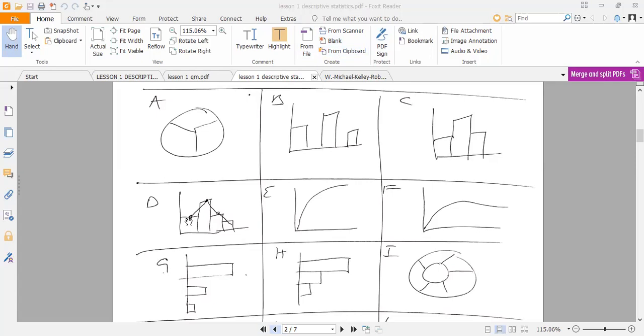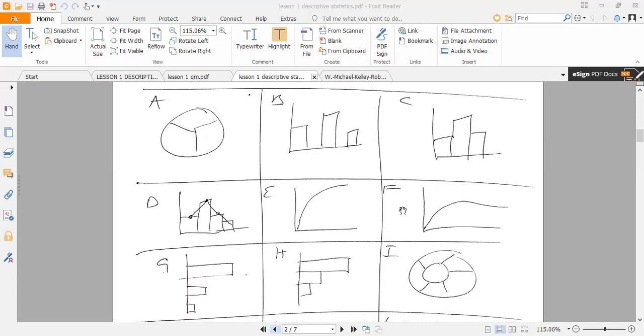What is D? It's joining the points, the midpoints of the histogram. What is E? It's a cumulative frequency graph.